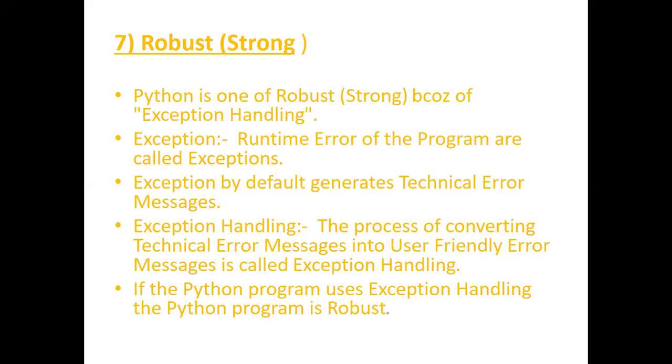So converting such technical error messages into user-friendly error messages is known as exception handling. So exceptions are the runtime errors, and exception handling means converting those technical error messages into user-friendly error messages. That is the only reason it is known to be a robust programming language: because of its exception handling.